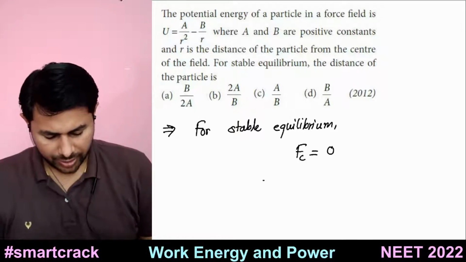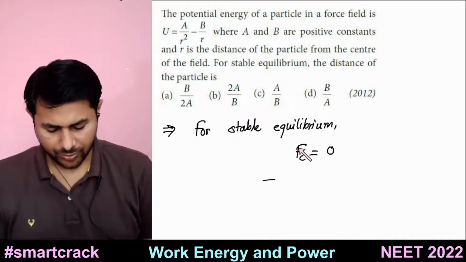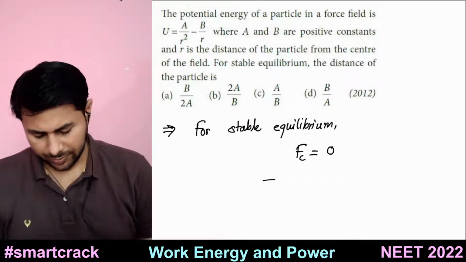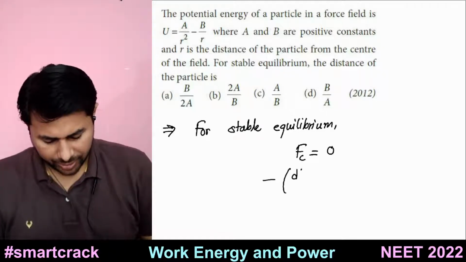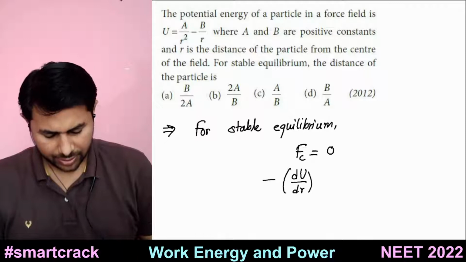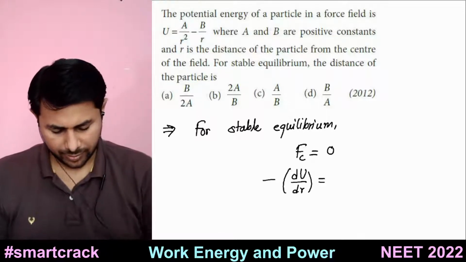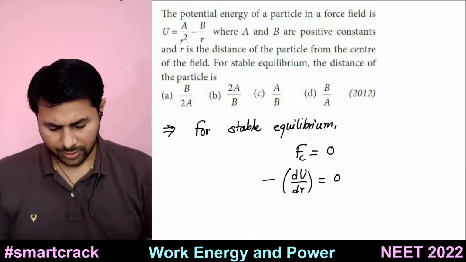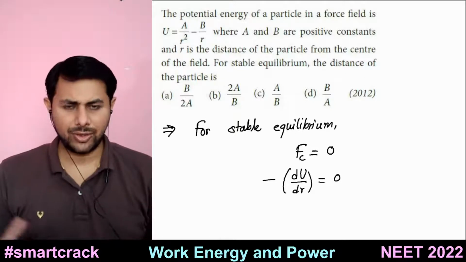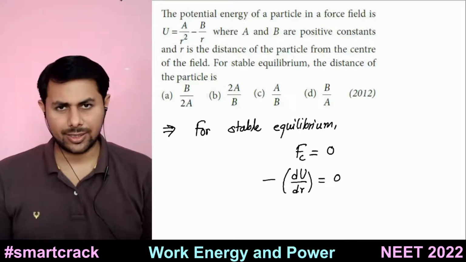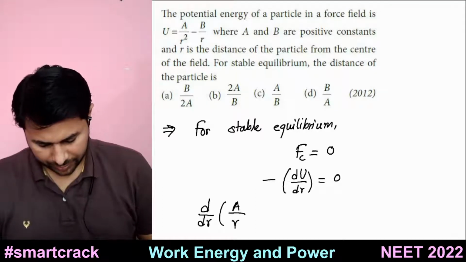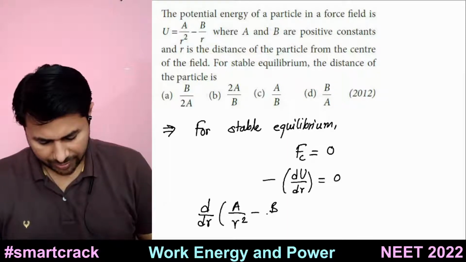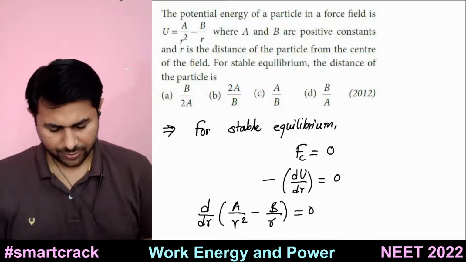How do we find the conservative force given the potential energy? The conservative force is minus the derivative of the potential energy with respect to position, the distance. So minus dU/dr is 0, meaning dU/dr is 0. So d/dr of A/r² minus B/r is equal to 0.